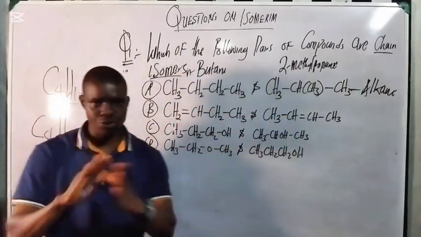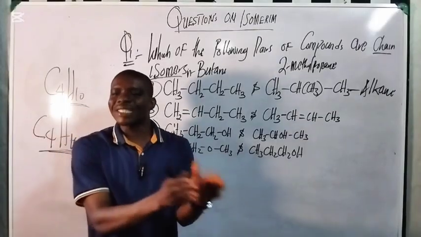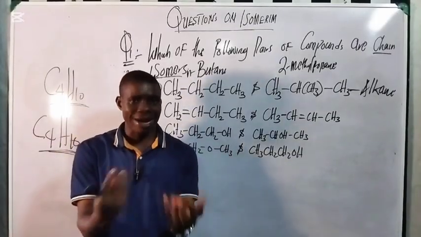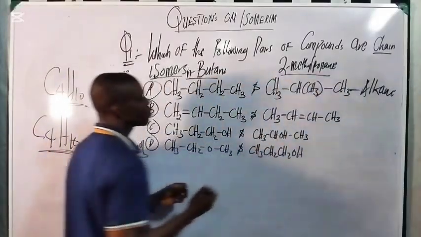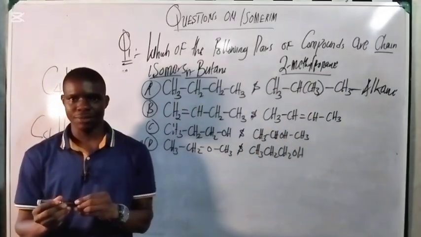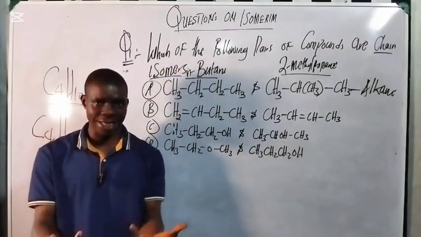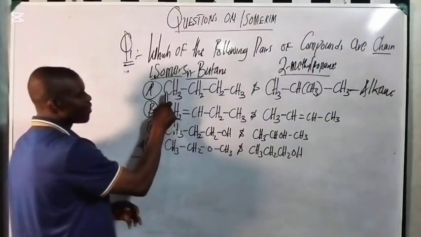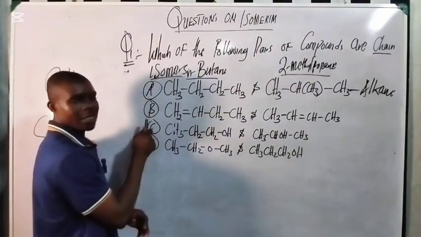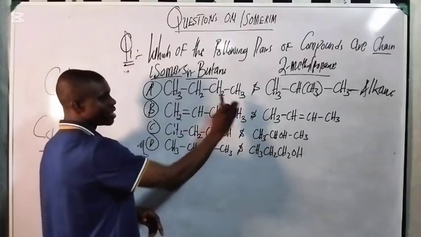They don't have the same structure. So n-butane and 2-methylpropane are isomers. But what type of isomers? They are called chain isomers. The main reason is that here we have a straight chain of just 4 carbon atoms, with no branch.